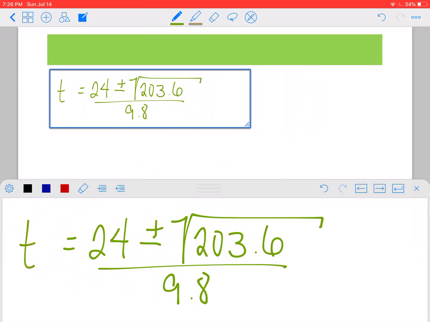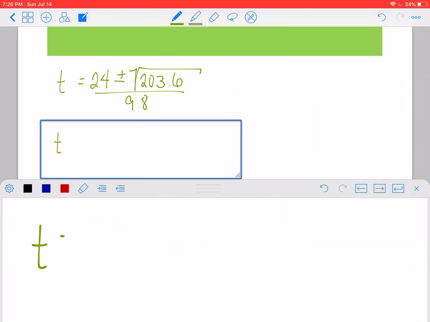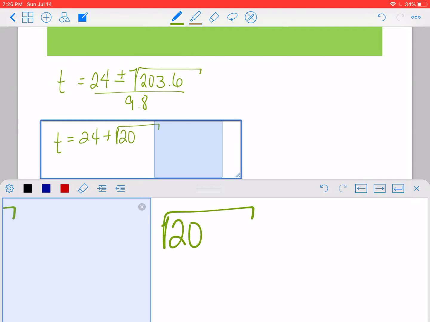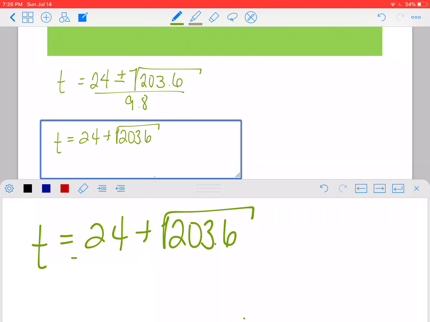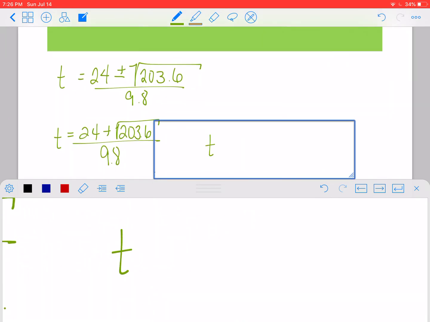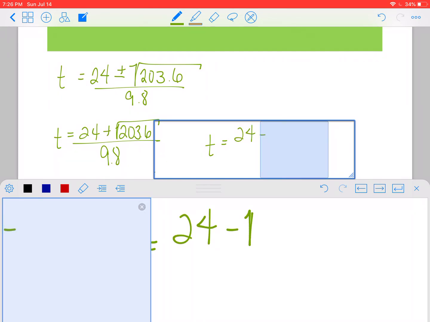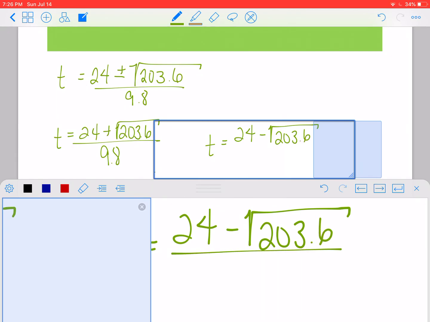Okay, so t will be 24 plus the square root of 203.6 divided by 9.8, or t will be 24 minus the square root of 203.6 divided by 9.8.